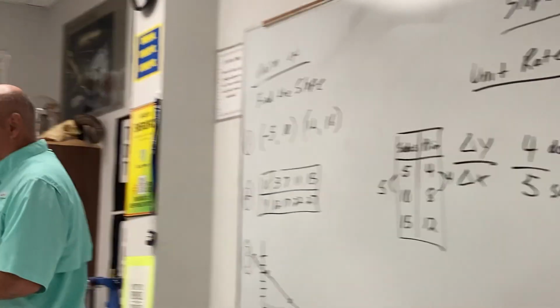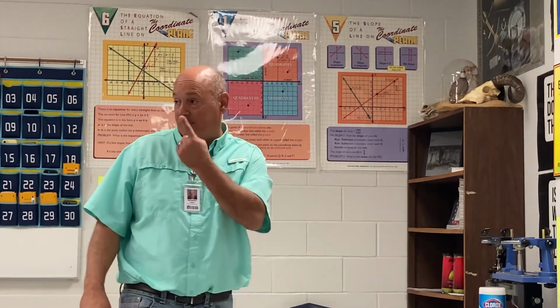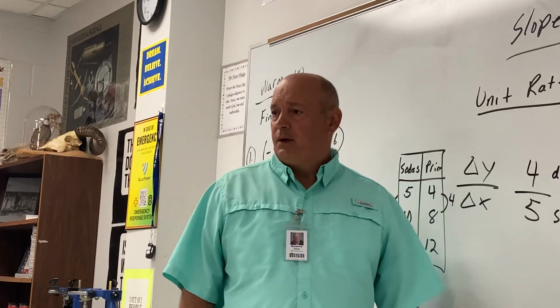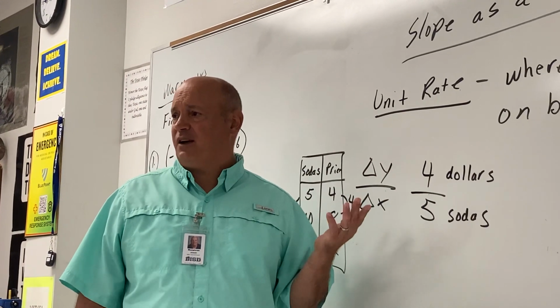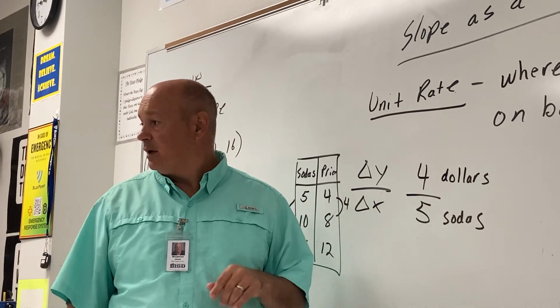Now, but that is not the unit rate. The unit rate in this problem is actually going to tell me how much 1 soda costs. Are you with me? So pick up your trusty calculator. Now that you know the slope, divide 4 by 5 and hit enter. You will get a decimal. That is okay. What's 4 divided by 5? 0.8.